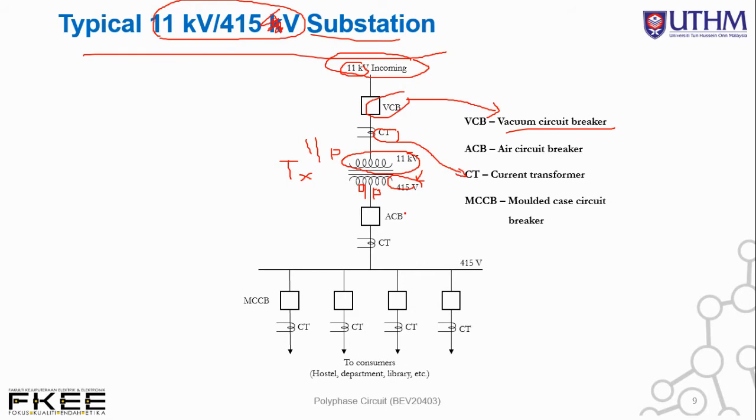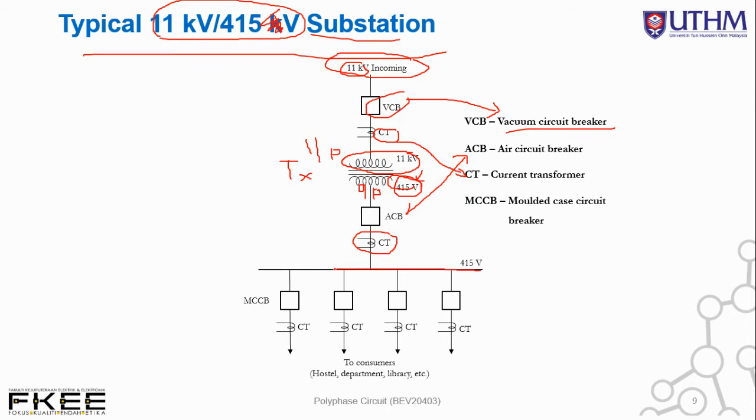So the ACB is the most appropriate type of circuit breaker to deal with 415 volt. Again, the ACB is a circuit breaker for protection, and then here comes the CT, current transformer, for metering, to show the value of 415 volt, for example, or the current carried by the line, as well as for protection.